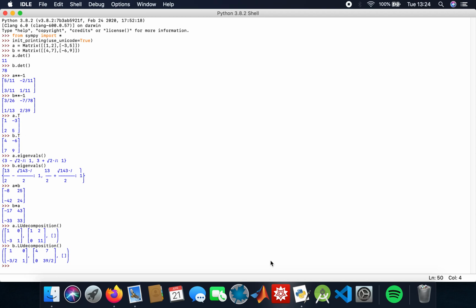So when you multiply the two matrices that you get in the LU decomposition, let's say for instance in A, the lower triangular matrix and the upper triangular matrix, if you multiply the two of them, you get back your initial matrix.